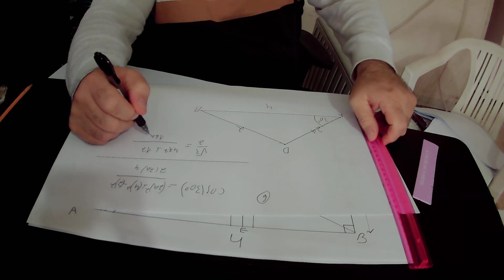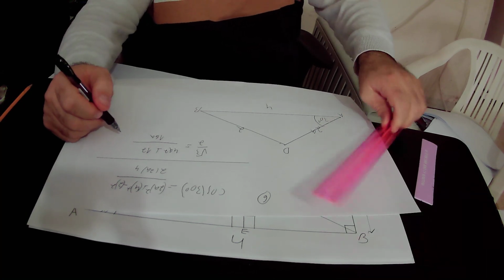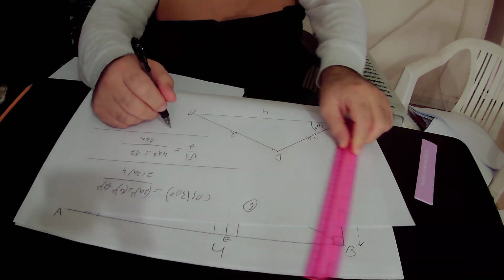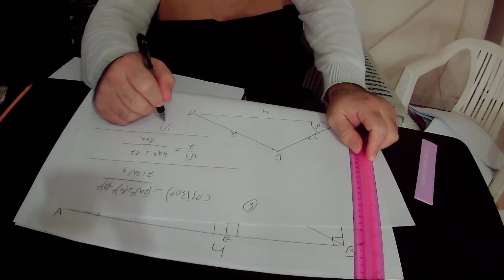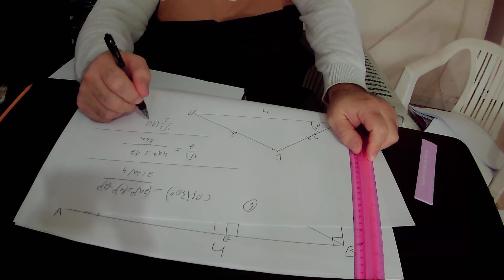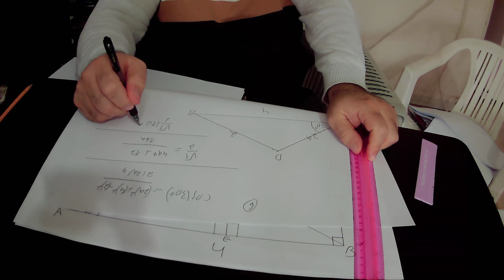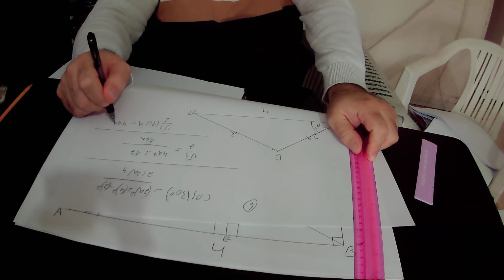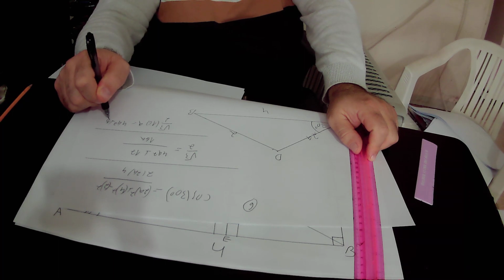Here we will multiply this equation by 16a, and we will get that square root of 3 over 2 times 16a equals 4a squared plus 12.